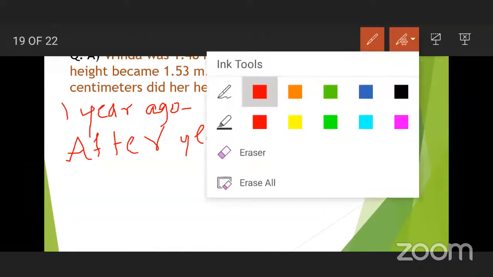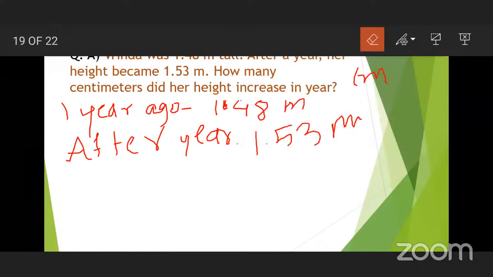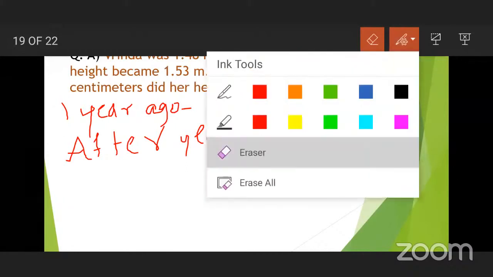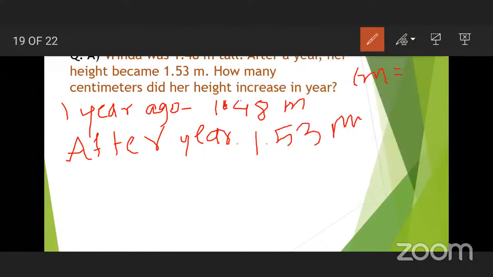1 meter is equal to 100 centimeter. Okay, very good. Means it is in decimal form, na?